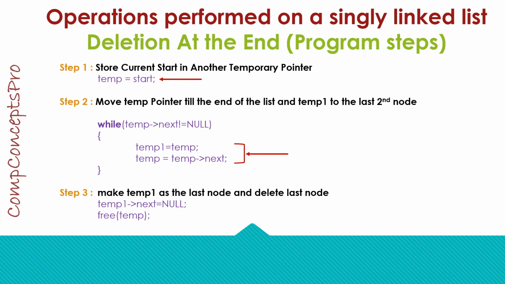So these two statements will fix the temp1 pointer to one node previous to the last node, and temp pointer will be fixed to the last node. Finally, set the temp1 next as null, as this will be our last node now, and delete temp.